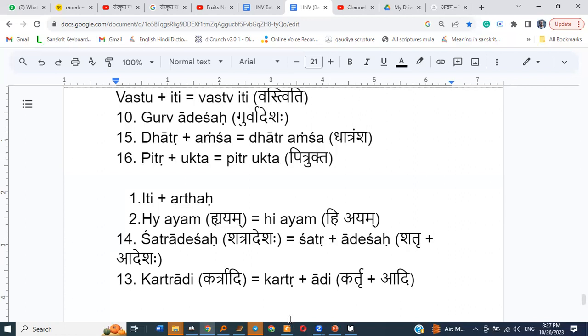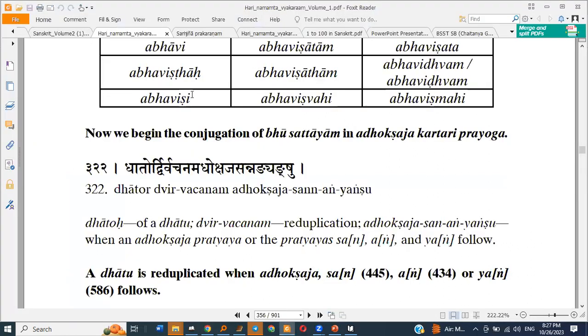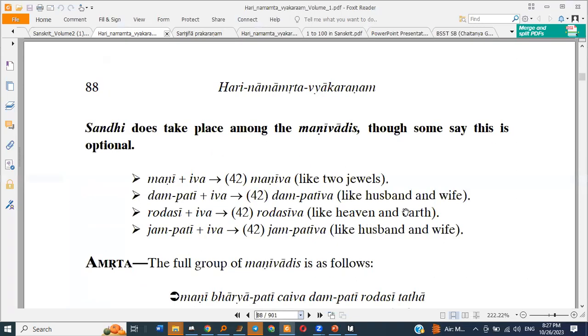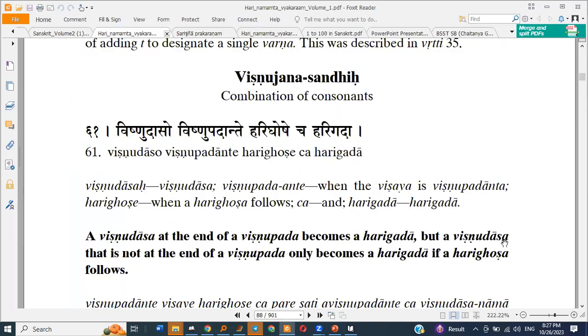So let's move to the Vishnu Janasanti. Very good. So we completed the Sarveshwara Santhis. So now we are supposed to be very fluent and very efficient in Sarveshwara Santhis because we have completed them.